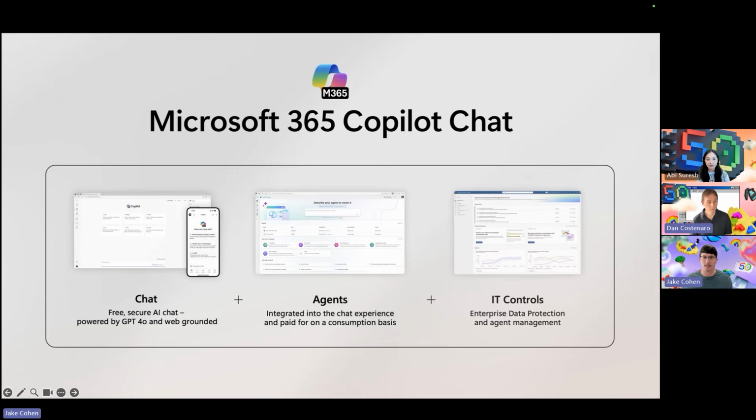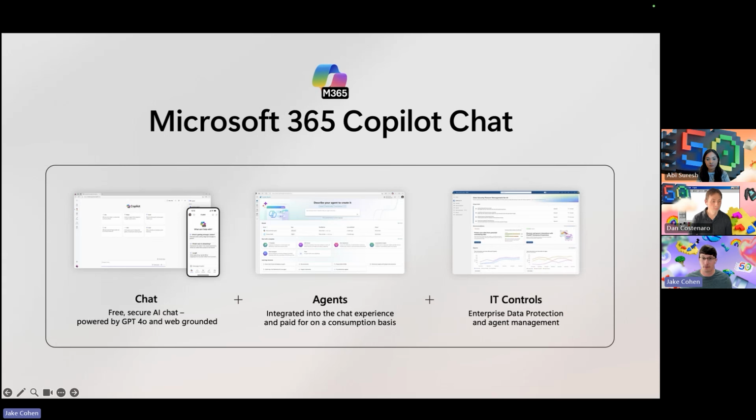And what's exciting is in January, we announced the Microsoft 365 Copilot Chat experience. And this is our free secure AI chat powered by GPT-4o that is grounded on the web. This is available for all Entra ID signed in users. And this means it no longer requires the M365 Copilot license to use Copilot Chat.